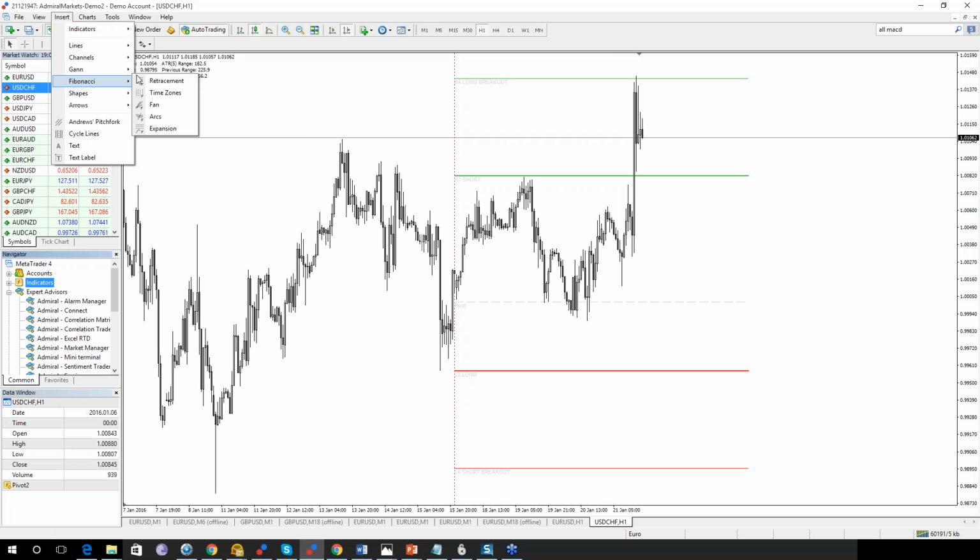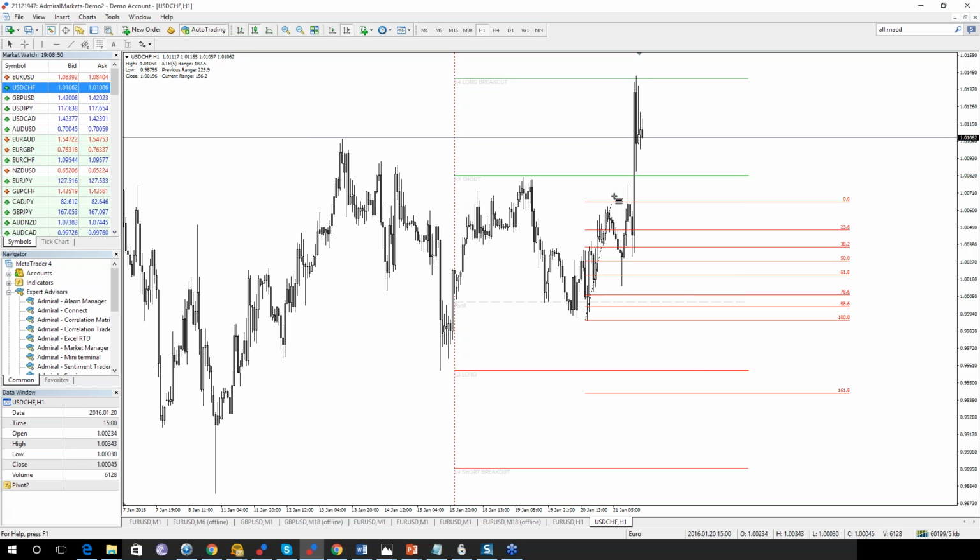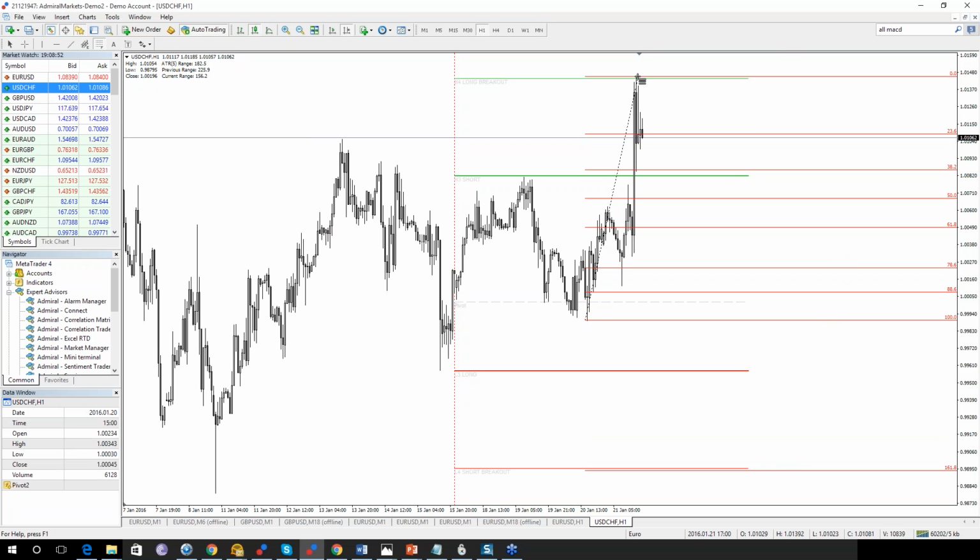Go to your Fibonacci tool, for example, like this, from left to right. The retracement has already started. 23.6 has been touched. We want to see the reaction at 38.2 for all of you who are watching Dollar Swissy. Now, this is a confluence point, so we will see.